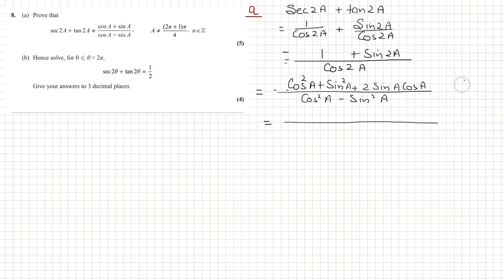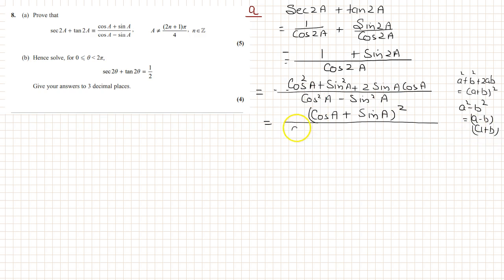This is a square plus b square plus 2ab, that is equal to (a plus b) square. So this can be written as (cos a plus sine a) square, and in the denominator, a square minus b square is equal to (a minus b)(a plus b).